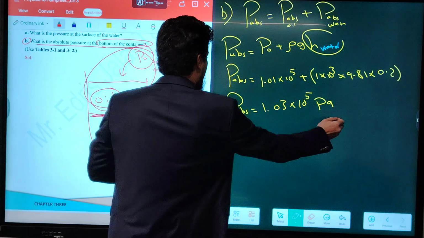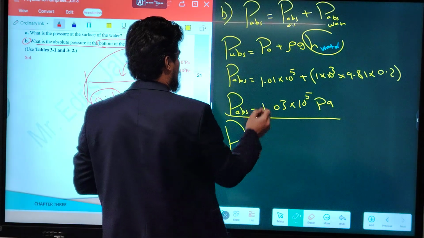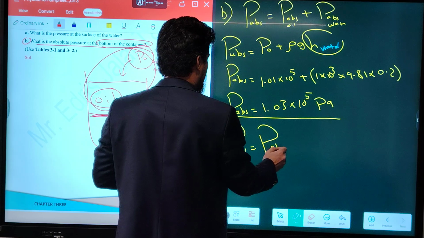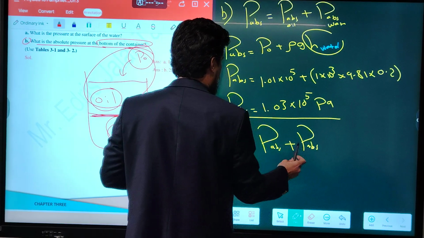Pascal. Now we have to substitute into the total absolute pressure, which is equal to P absolute of oil plus P absolute of water.